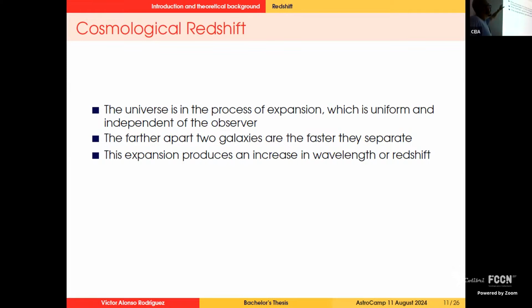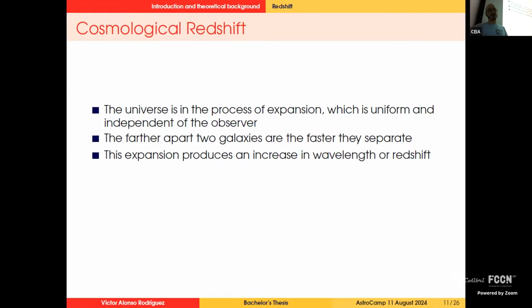So we prefer to talk about redshift. The farther apart two galaxies are, the faster they separate. So, for example, if I have a galaxy near here, we are going to separate slower than if we are here. So that's a very fundamental part, because the redshift is not linear. For example, if a galaxy separates 1 unit from another one, that does not mean that if another 2 galaxies are separated by 2, the redshift will be 2.